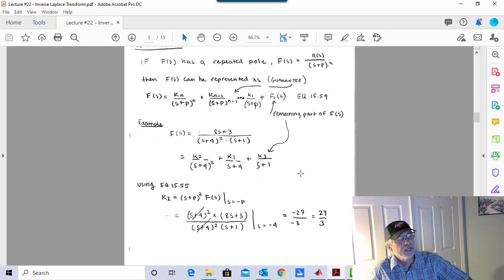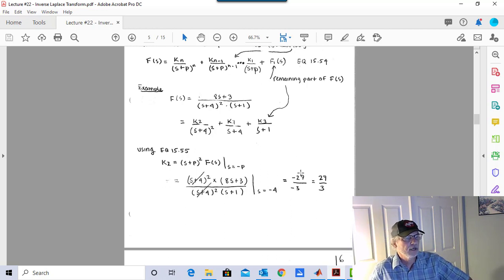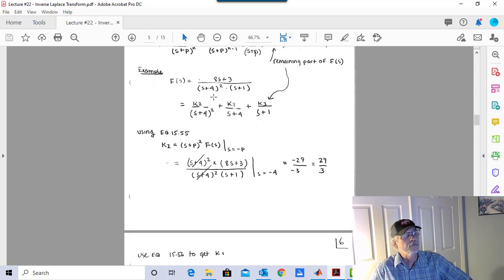So we're going to use the equation in the book, and I'm not going to derive this, but for k2, we actually can do it as a simple pole pair, and here is our equation. k2 is equal to s plus p squared times f of s evaluated at s equals minus p. And if we just go back to the previous definition, we can see exactly how this works.